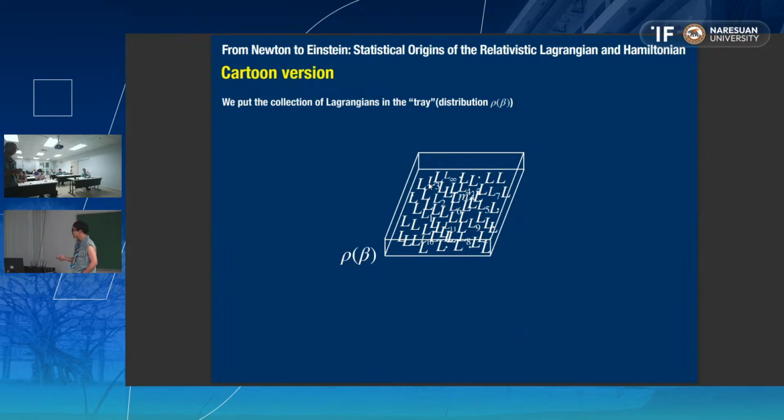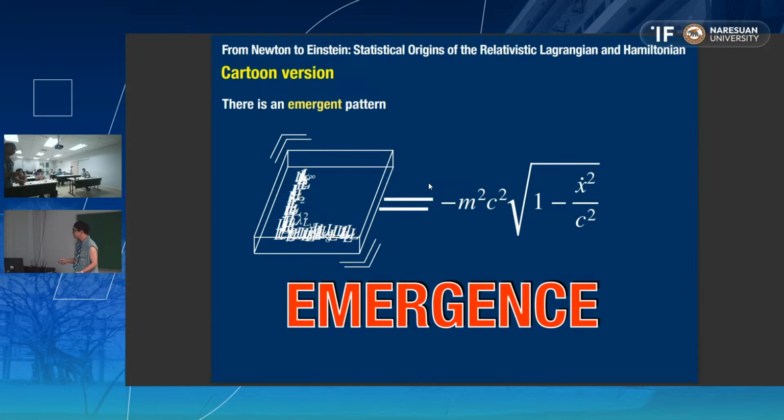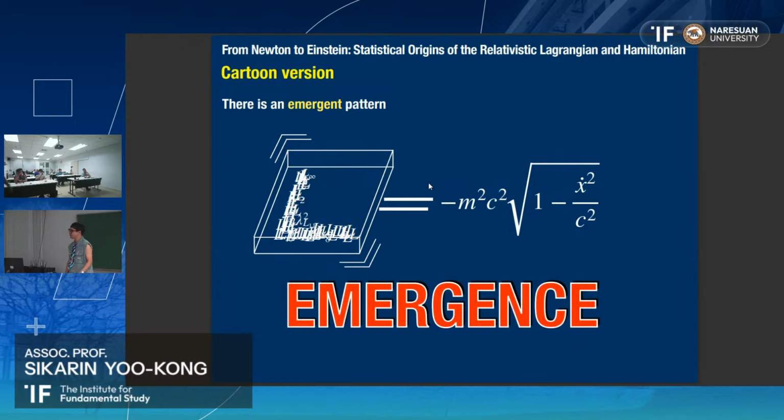And then I check it somehow, and after you check it, the pattern will emerge somehow here. So this is like a cartoon version. You will get this kind of relativistic version of the Lagrangian from those sets of non-relativistic Lagrangians.